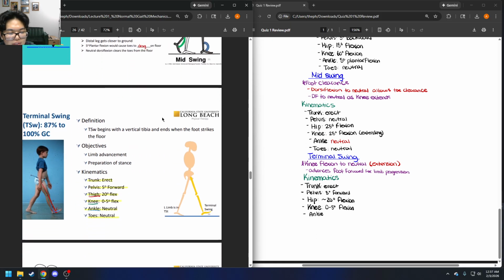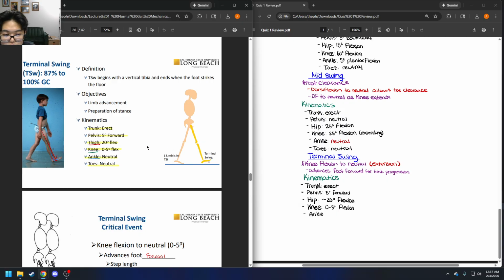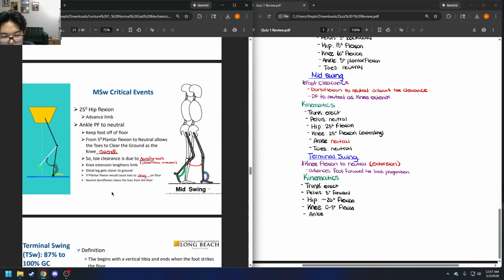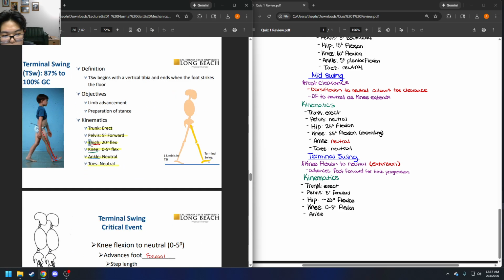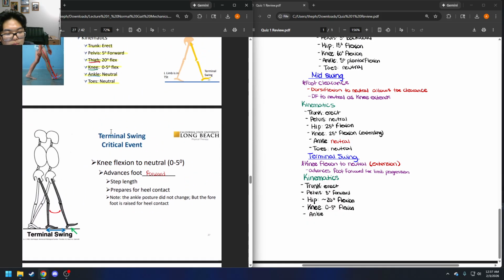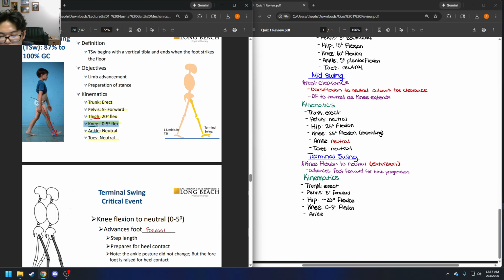And the last one we have is terminal swing. So in terminal swing, your knee flexion is actually going back toward neutral. So you'll see that it's 0 to 5 degrees knee flexion, but similar to the ankle, since the last phase had 25 degrees knee flexion, and the terminal swing only has around 0 to 5, we're technically extending our knee even though we're ending with knee flexion, if that makes sense.